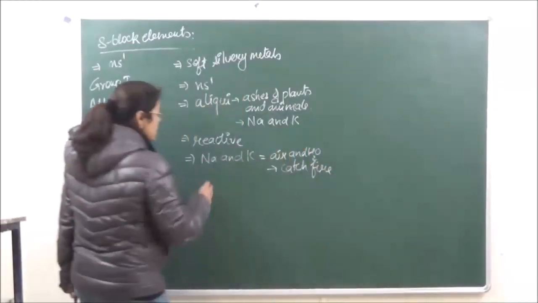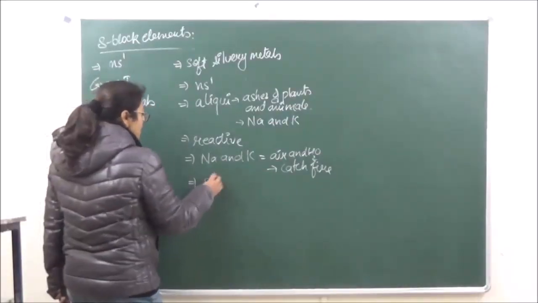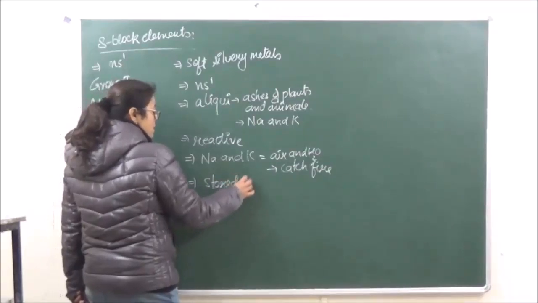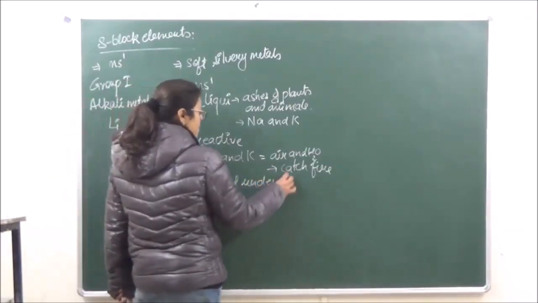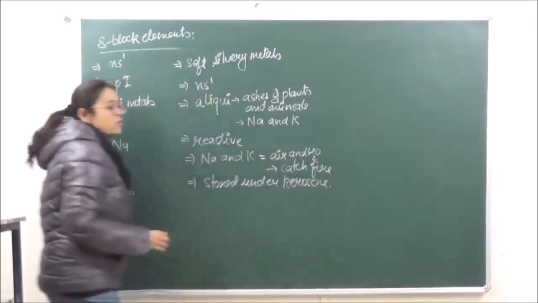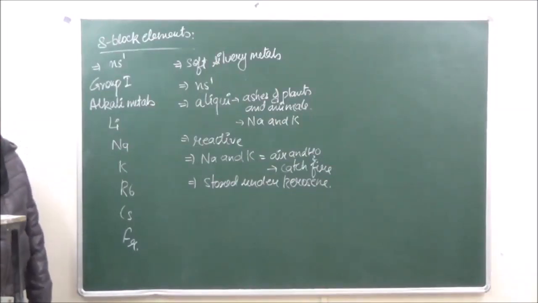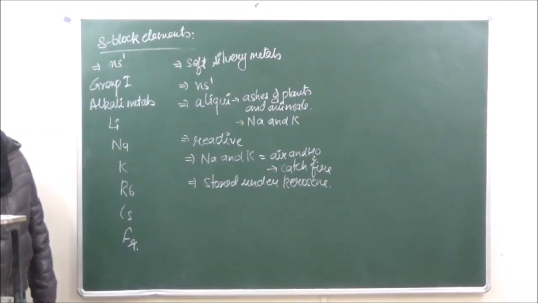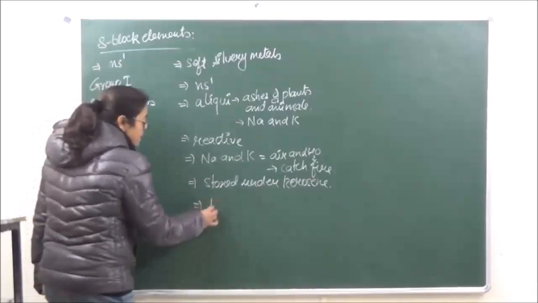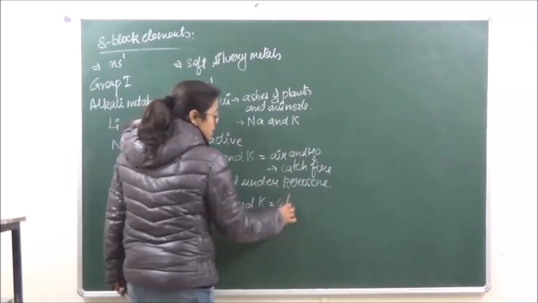So that is the reason why both these metals are stored under kerosene, because of their high reactivity with air and water. Of all alkali metals, only sodium and potassium are going to be found in abundance. Rest all are found in traces.